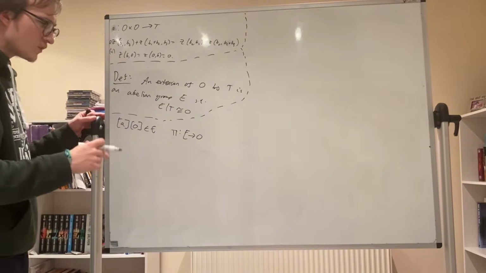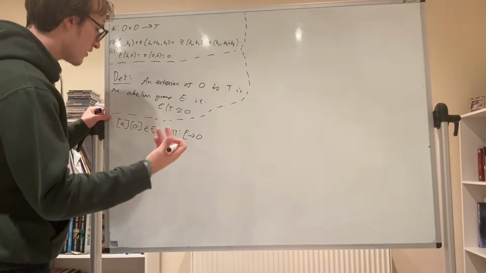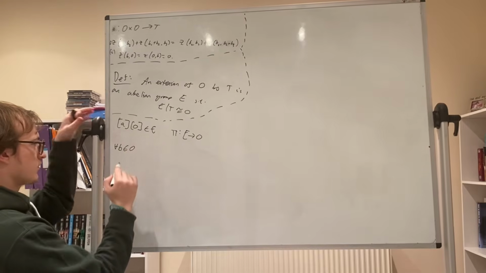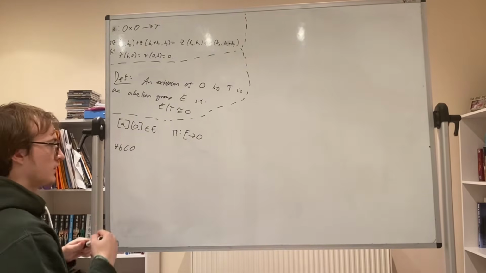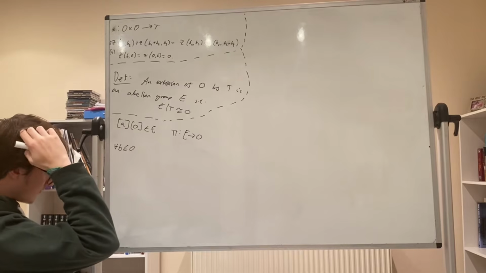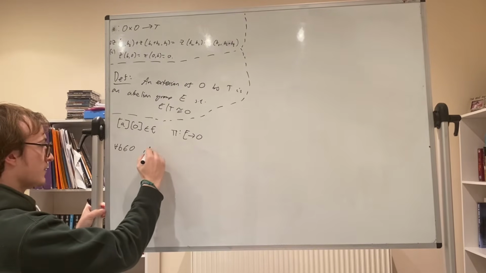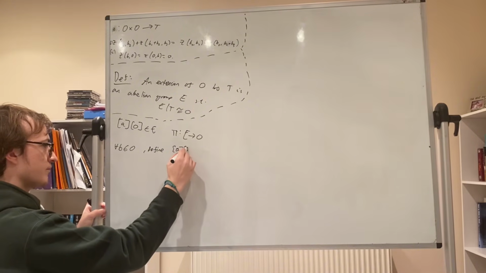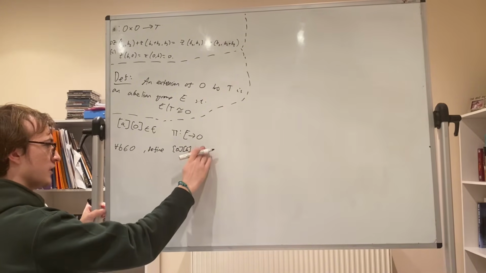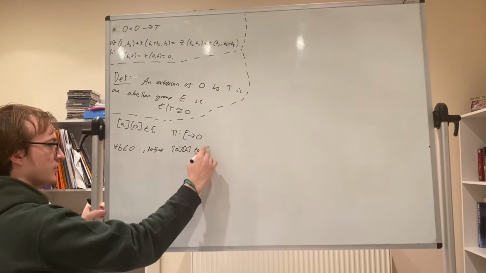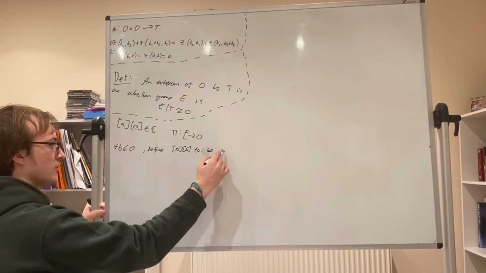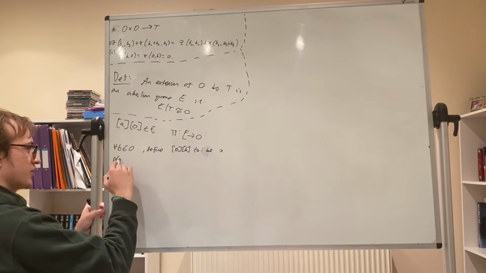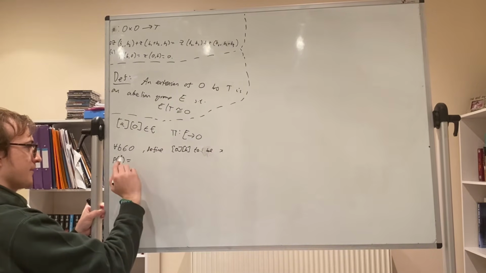Then, for all ones B, define 0B to be X, where we've chosen X such that p of X equals b.